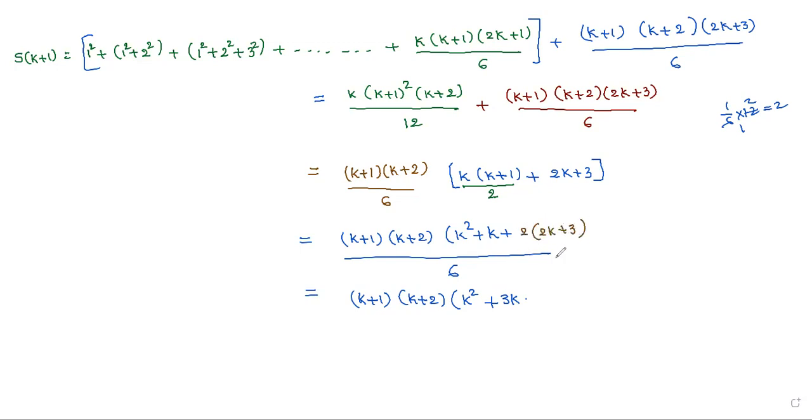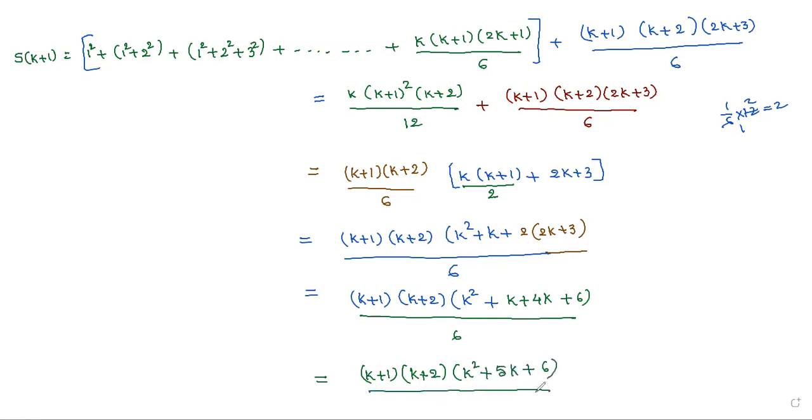So k square plus k plus 4k plus 6 by 6. K plus 1, k plus 2, k square plus 5k plus 6 by 6.